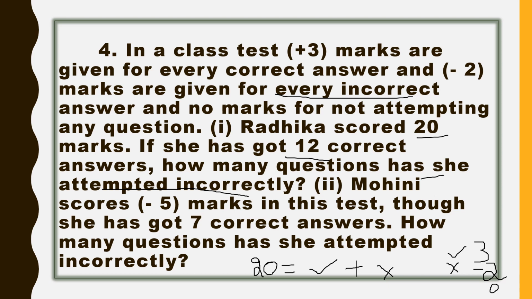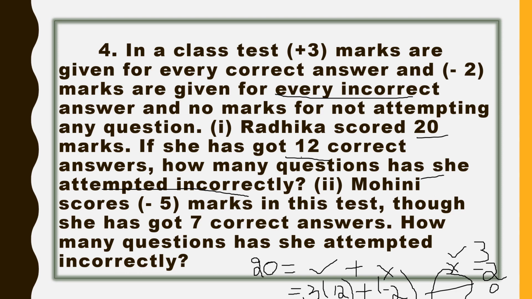So she got 20 marks, and it is also given that she got 12 correct answers. Each correct answer is given 3 marks, so you will do 12 into 3 plus the negative marks, minus 2 for each wrong answer, and here we don't know how many answers she attempted incorrectly. This one we have to find out.